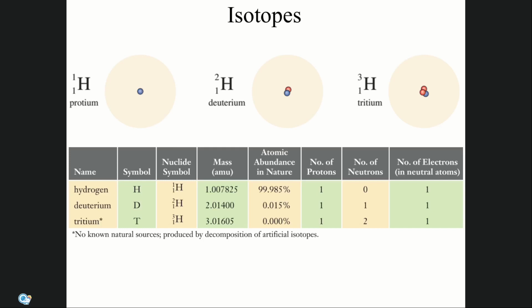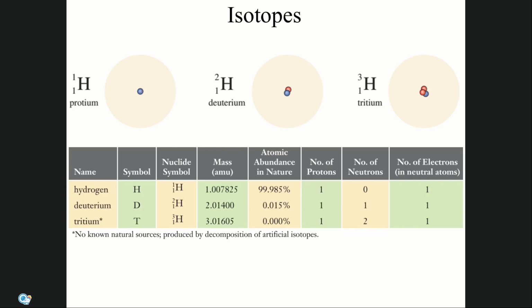For example, there are three isotopes of hydrogen, called hydrogen, or protium, deuterium, and tritium. Hydrogen, or protium, has one proton and no neutrons in its nucleus.